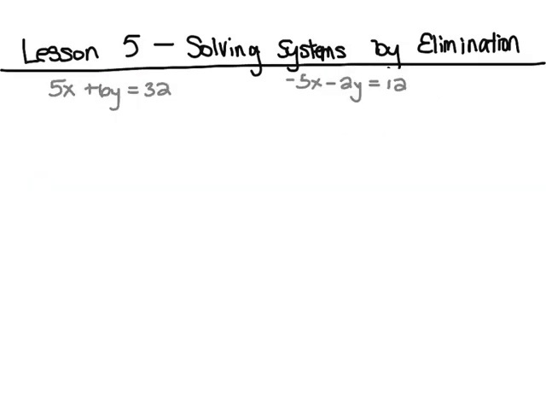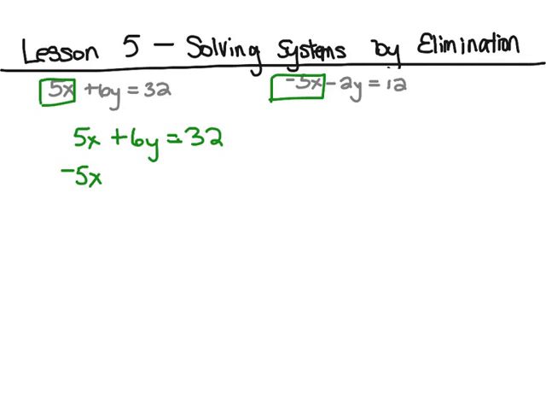Example 2. 5x plus 6y equals 32, and negative 5x minus 2y is equal to 12. So we have a 5x and a negative 5x. So we're going to write our equations out. 5x plus 6y is equal to 32. Negative 5x minus 2y is equal to 12.